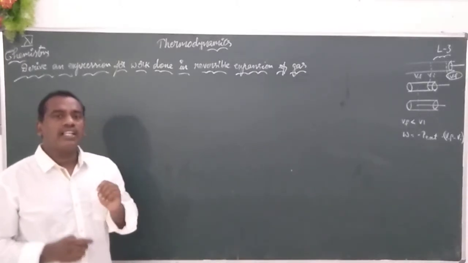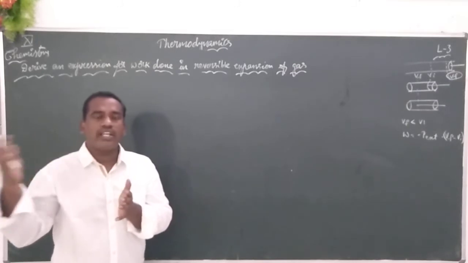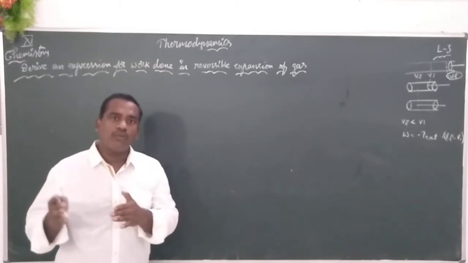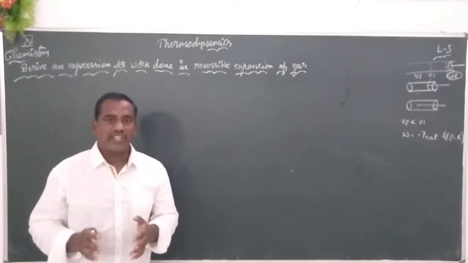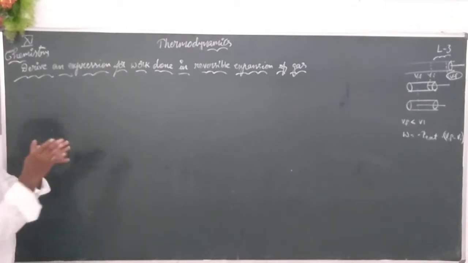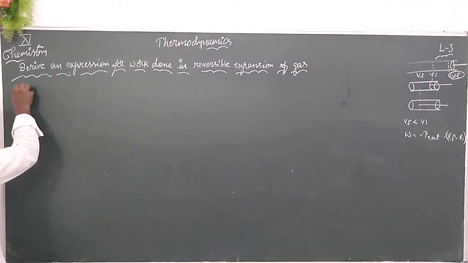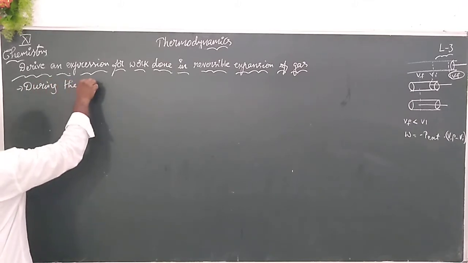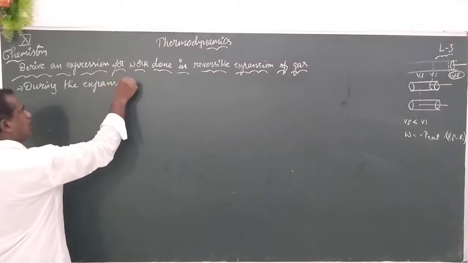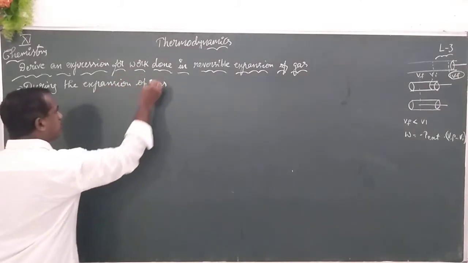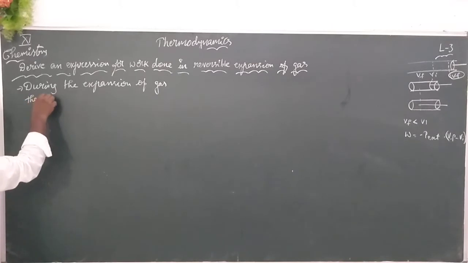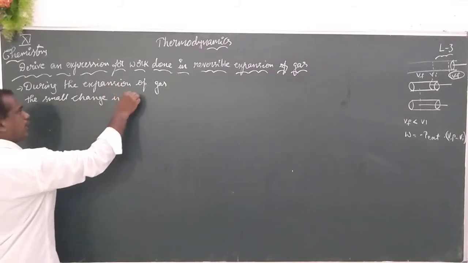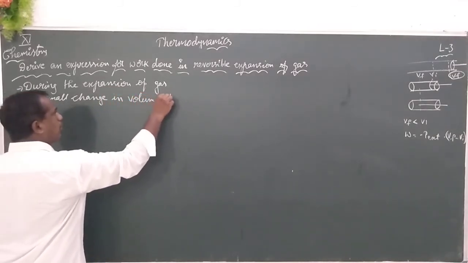Now in such a case, the expansion of the gas will not take place like a bursting. It will take place very slowly, with a small change in the volume of the given ideal gas. So during this expansion of the gas, the small change in volume is given with the symbol small dV.